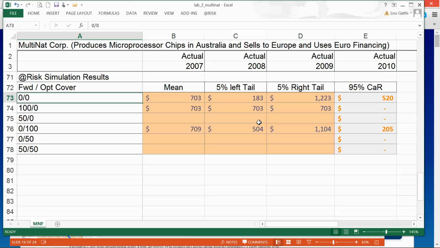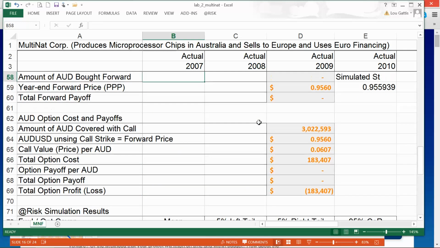So I'll let you fill in the rest of these by doing a hedging strategy of 50% coverage with forwards, no options. Then come down here, 0% with forward, 50% with options, and then a mixed strategy, 50 forward, 50 option.